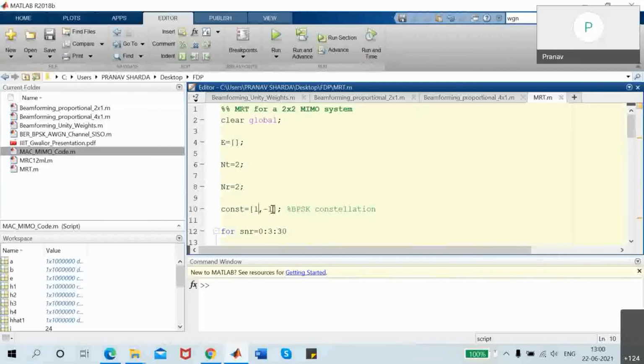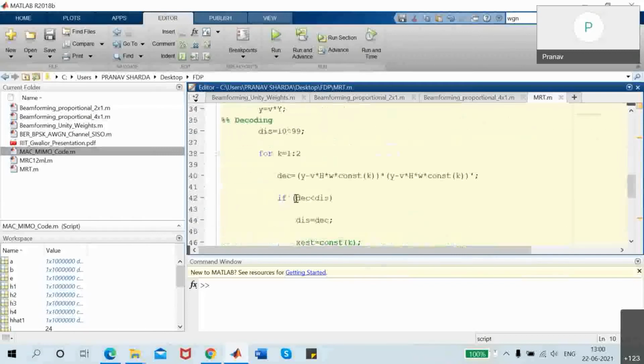If k is equal to 2, const of 2 will become -1. When we store data in MATLAB in the form of an array or vector, if we want to fetch some values, we need to refer to their indices. Here the first index is 1, the second index is 2, and the corresponding values are 1 and -1. So that's how we are decoding it.